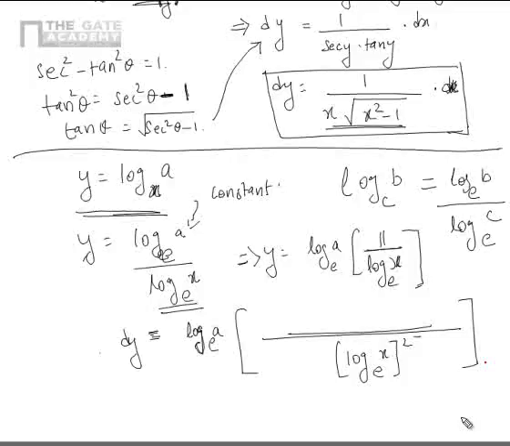Into vu dash, right? What is the formula we are using? Differentiation of u by v is equal to vu dash minus uv dash over v square, correct?